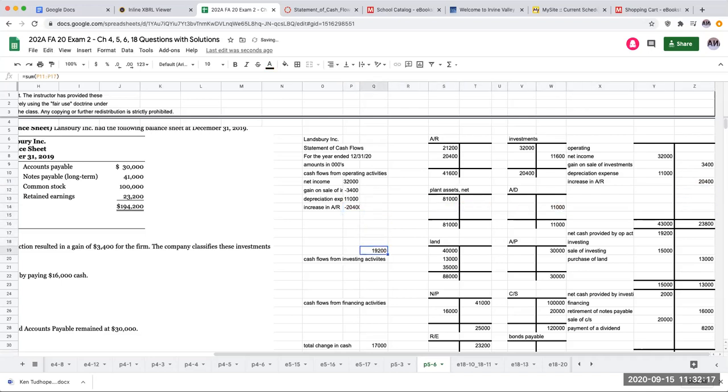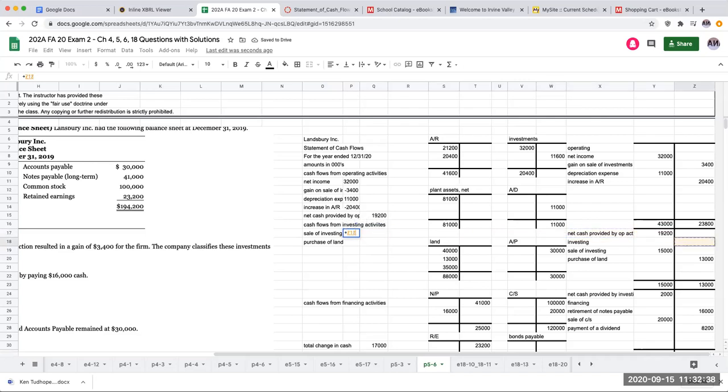So when I add these up, it should be 19,200, which it is. And we'll just move this up here. So my net cash provided by investing activities, or my cash flows for investing, sale of investments.